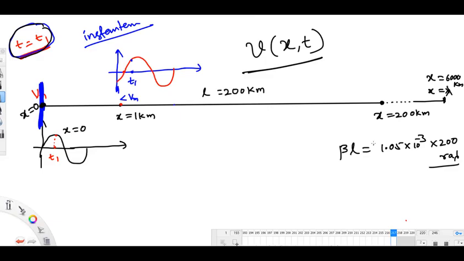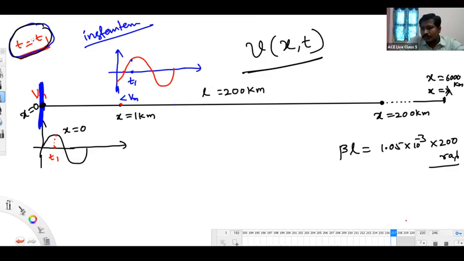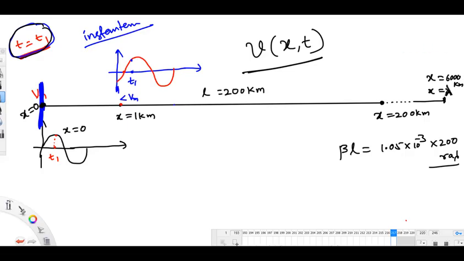At any time, the voltage at x equals 0 and at x equals lambda will be exactly equal.